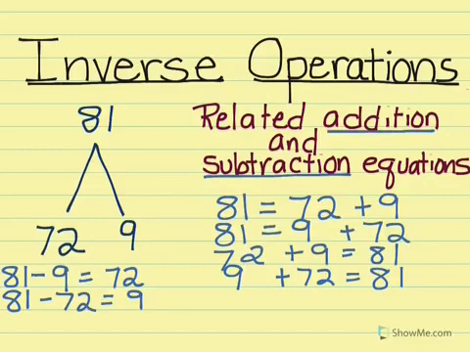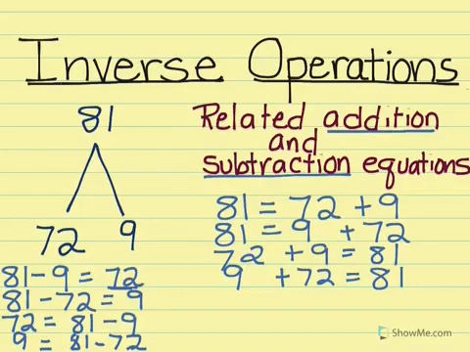I could also take that 72 and say 72 equals 81 minus 9. And I could say 9 equals 81 minus 72. So now I have found all 8 of my related addition and subtraction equations.